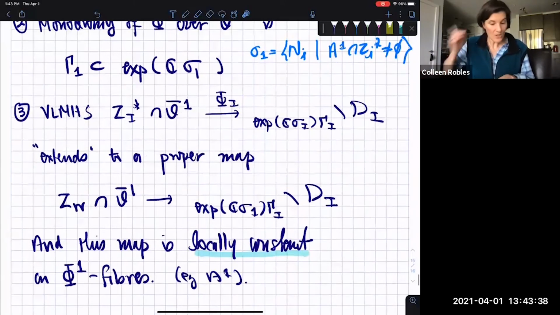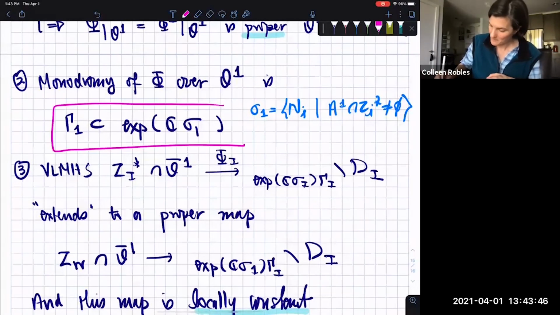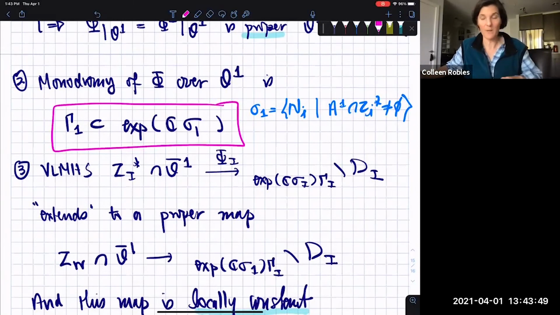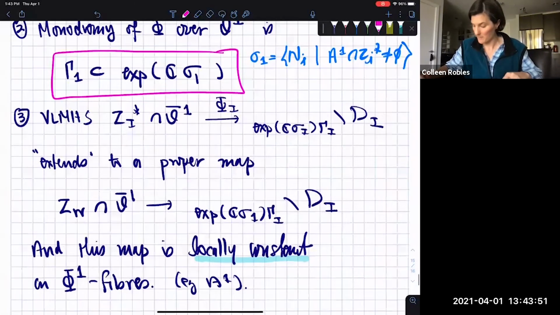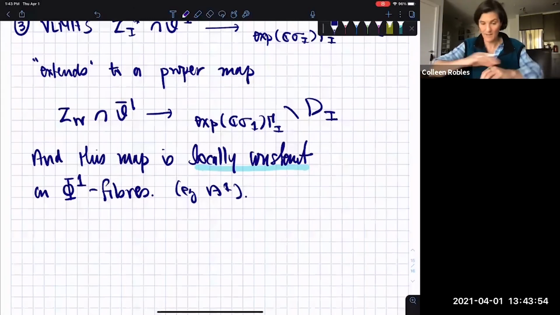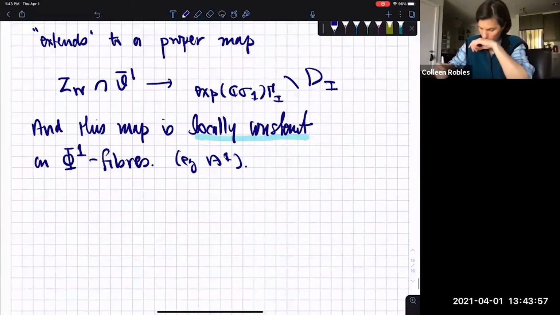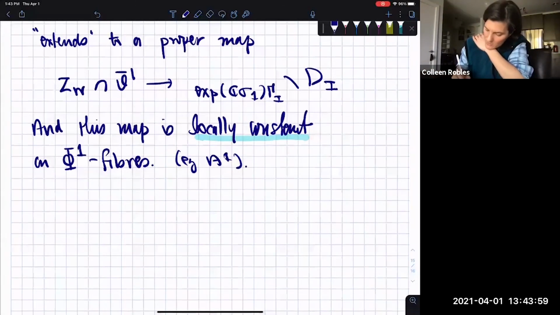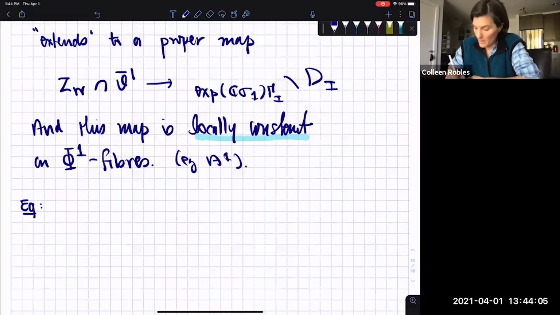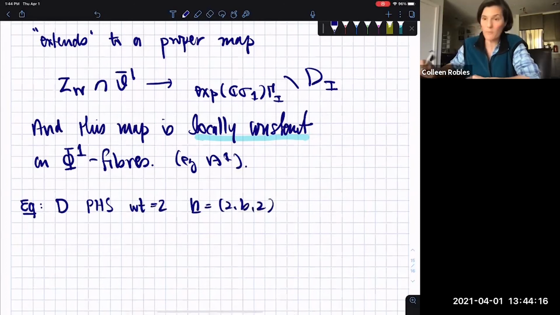Okay, so this is kind of amazing. This statement right here. And let me just give you a little example illustrating why this is amazing, and then talk about a consequence of it. So let's go back to this example that we discussed last time, where we had a period domain for polarized Hodge structures of weight equal to 2 and Hodge numbers 2, b2.